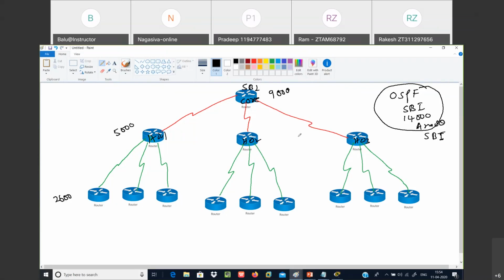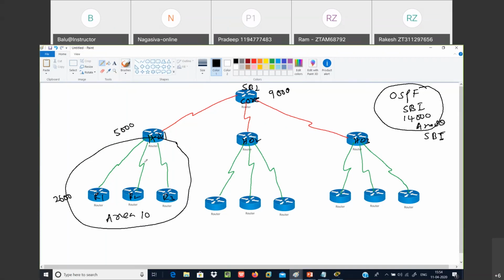So we design it like this. These routers are configured with area number 10. In area 10, how many routers are available? R1, R2, R3.